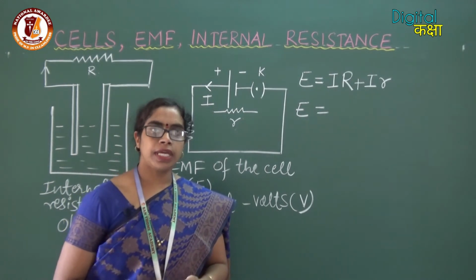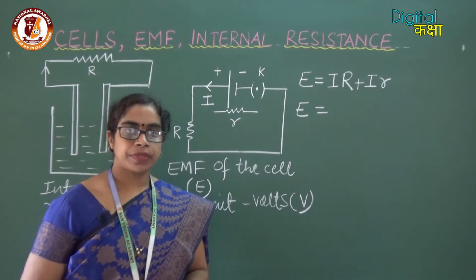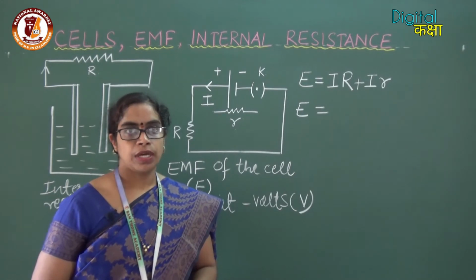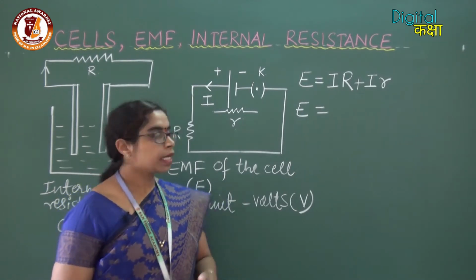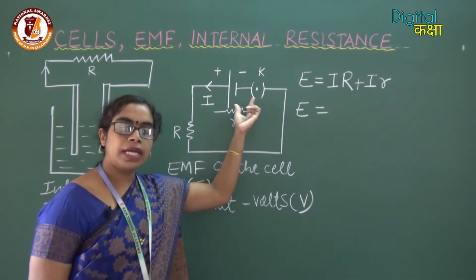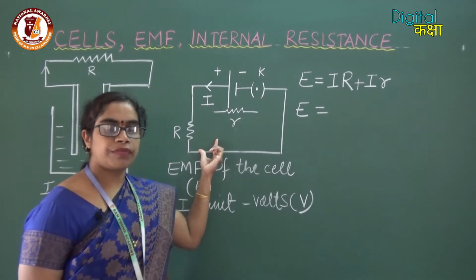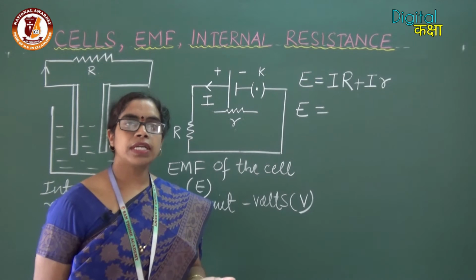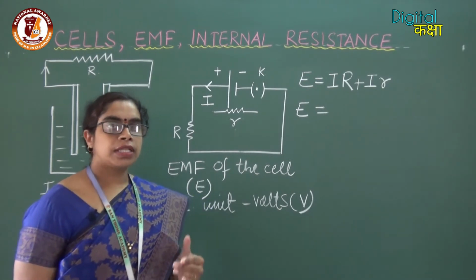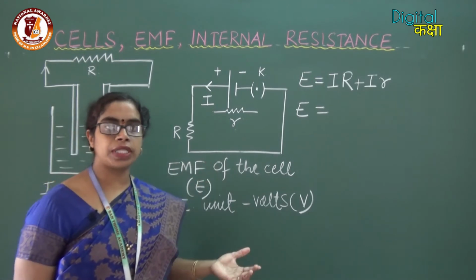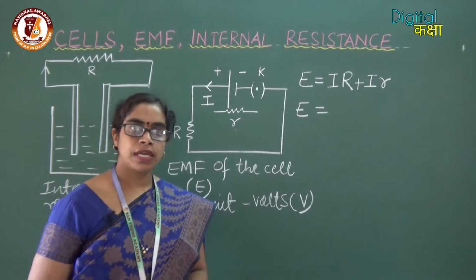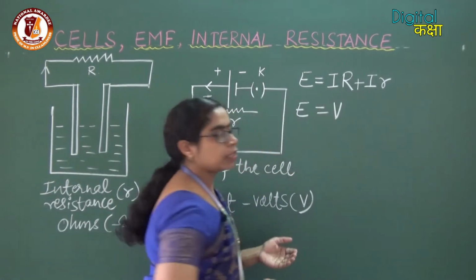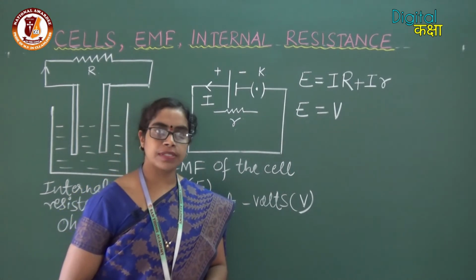Now, here this V in the context of the cell is said to be the terminal potential difference, which means that when the circuit is closed, the potential drop calculated across any external resistor or even a combination of resistors will be called the terminal potential difference, and according to Ohm's law, the formula I into R is the formula for the potential difference.